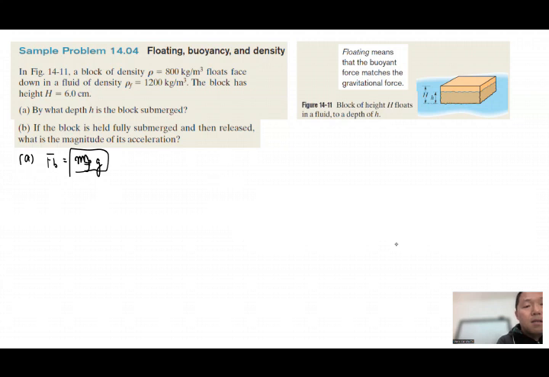Here m_f is the mass of the fluid displaced by the submerged portion.